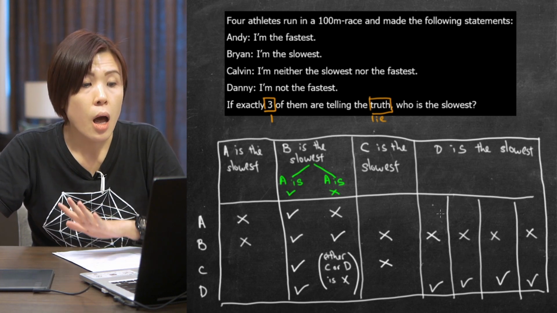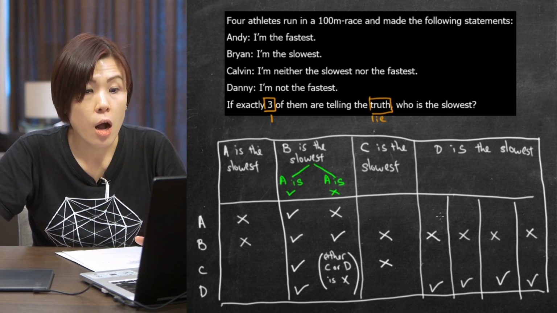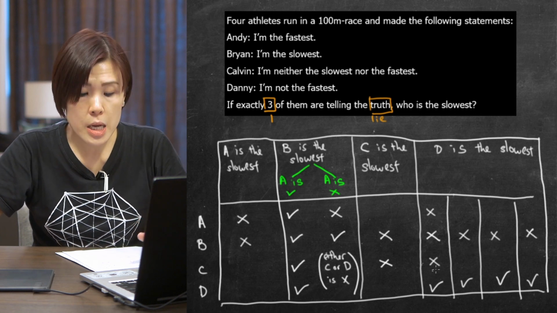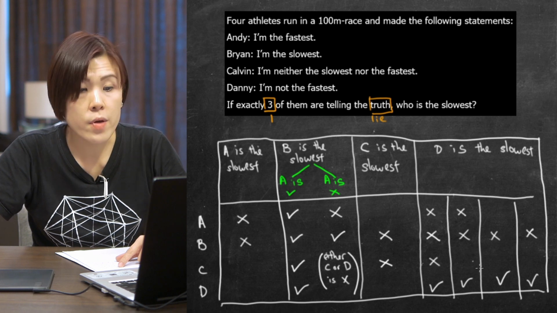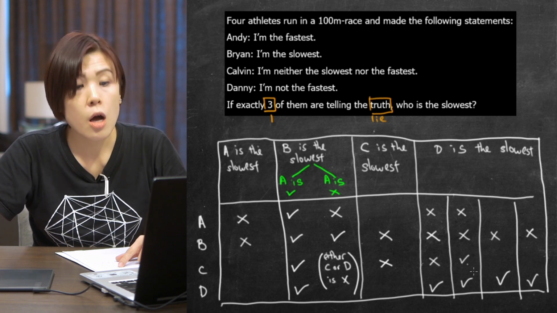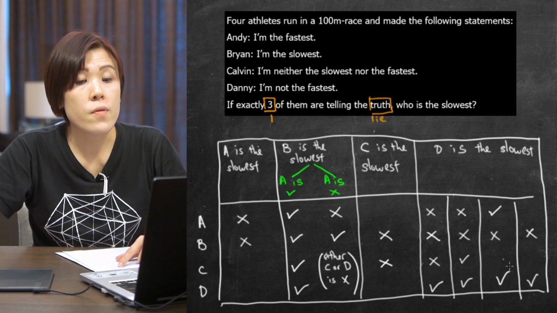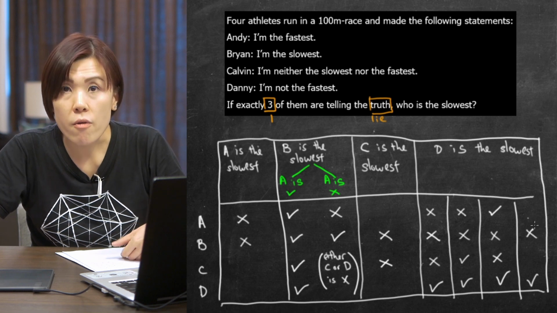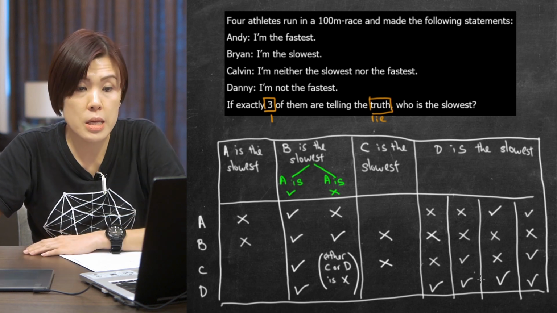It's either Andy and Calvin both are lying, so I'll put 2 crosses here. Or it could be Andy is lying, but Calvin is telling the truth. Or it could be Andy telling the truth and Calvin is lying. Or it could be Andy and Calvin both telling the truth. So these are all the 4 possibilities.